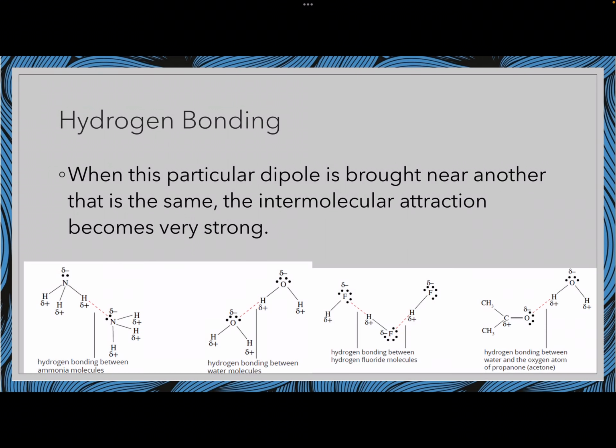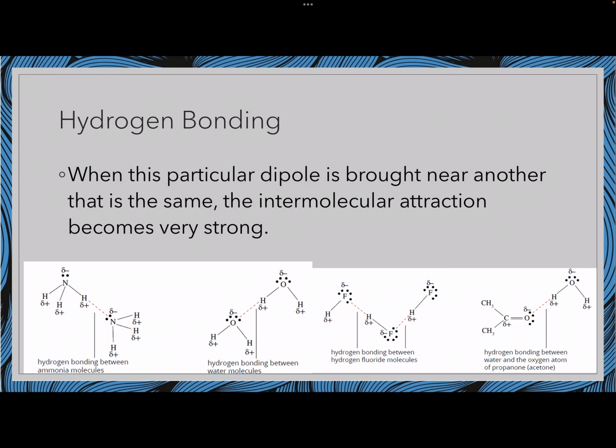So here's some examples. So the first one is ammonia, so we've got an NH bond, so that's quite polar. Nitrogen also has a lone pair of electrons, which is an electron-rich area, so it's going to be attracted to strongly delta positive areas. So we can see that here.